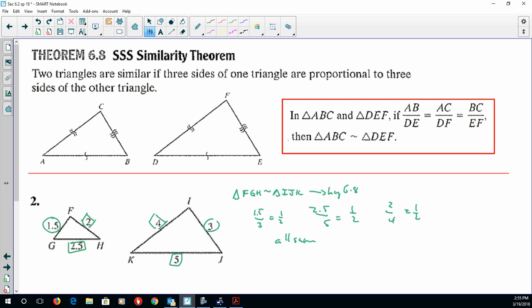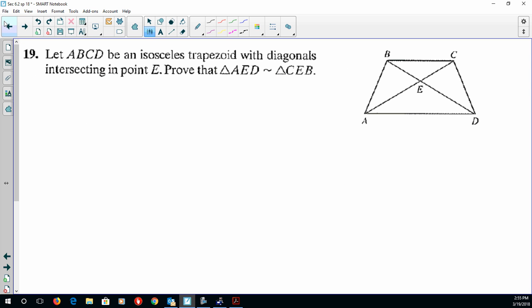Two more problems. 19. Let ABCD be an isosceles trapezoid with diagonals intersecting in point E. Prove that triangle AED is congruent to triangle CEB. So use whatever tools we have here. First off, usually books don't do this, but we don't need isosceles in this case.